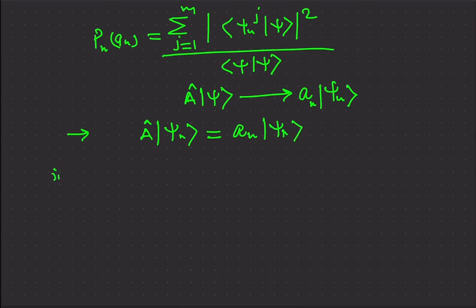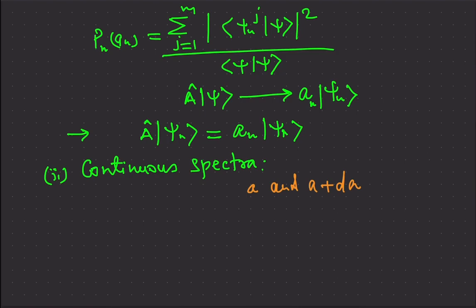Now, in terms of continuous spectra, the probability of obtaining one of the non-degenerate eigenvalues can be extended to find the probability density that a measurement of operator A yields a value between a and a plus da on a system which is initially in state ket psi.